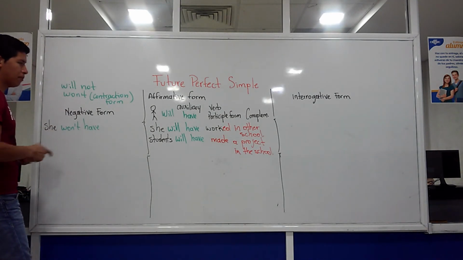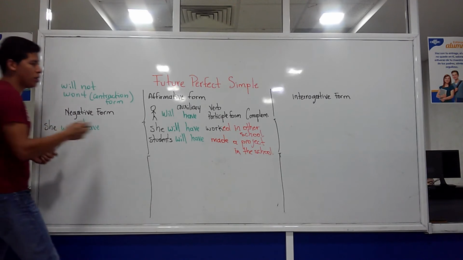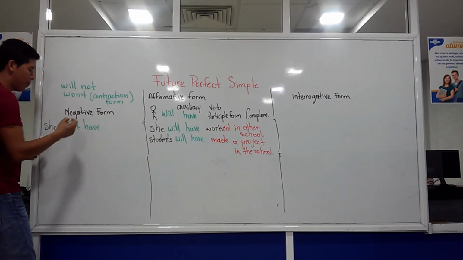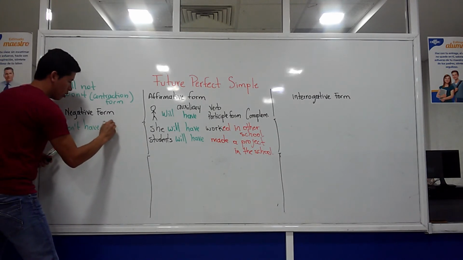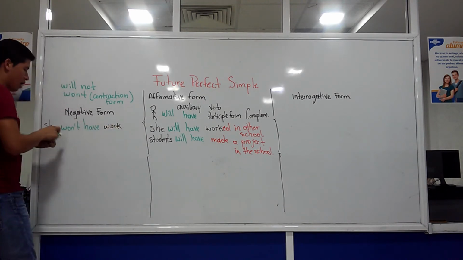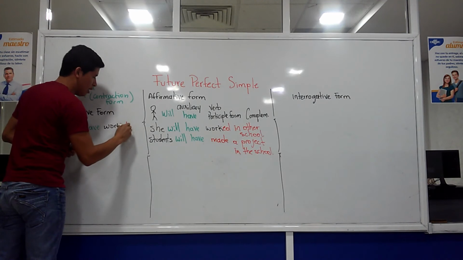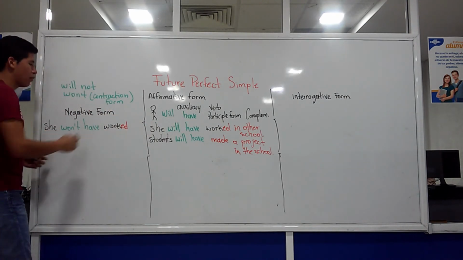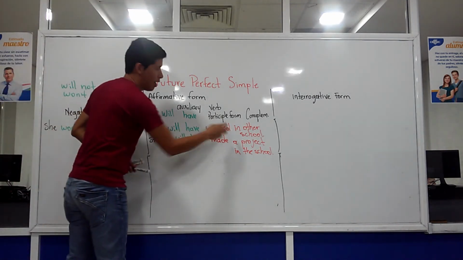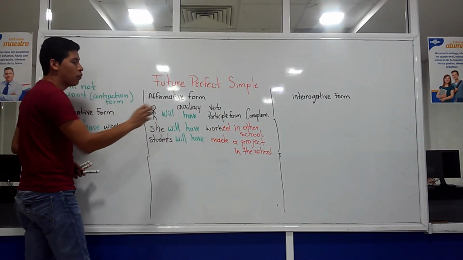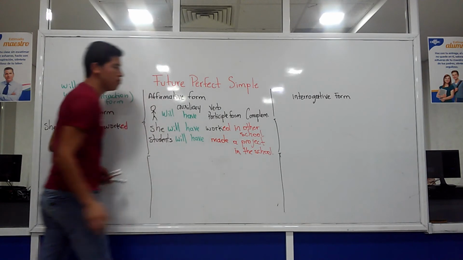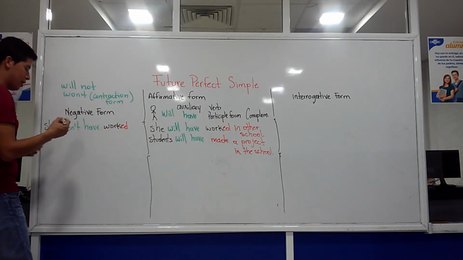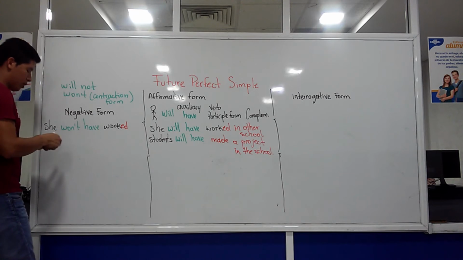She won't have worked in a restaurant. I use the verb in the same way, in the past participle form. She won't have worked. In the affirmative, she will have worked in another school, but not in a restaurant. She won't have worked in a restaurant.